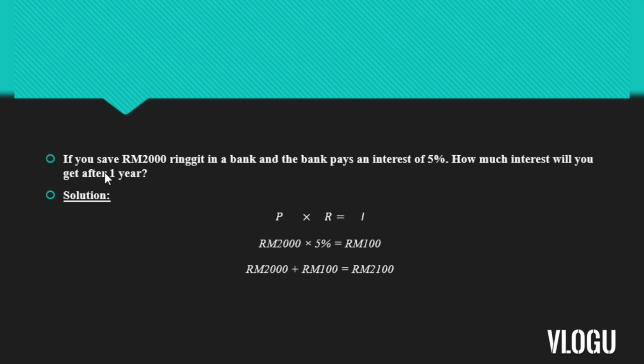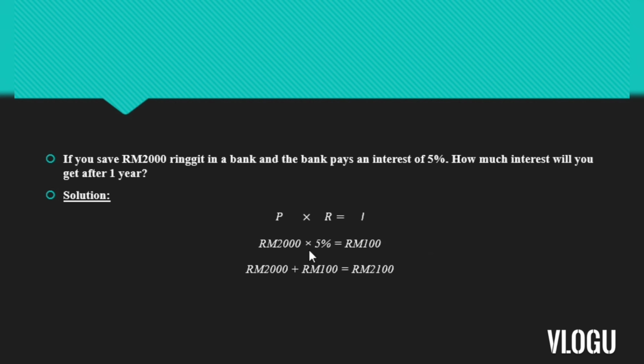So in this question, it wants you to find the interest after 1 year. For the principal, it is 2000 times 5%. So you will get the interest of 100 ringgit.